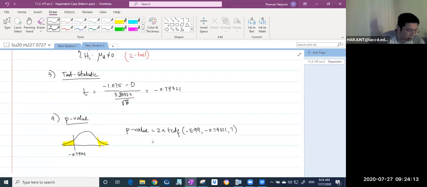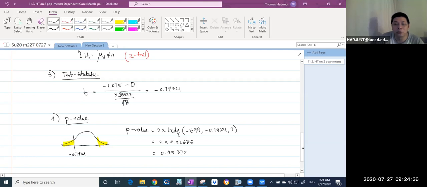I get 2 times 0.22685, but let me multiply it by 2 right away from my calculator. So I will get 0.45370.